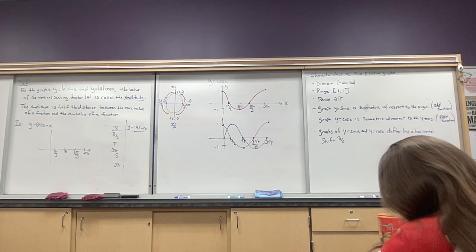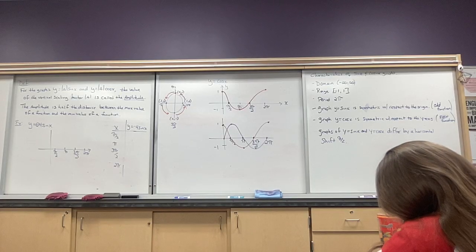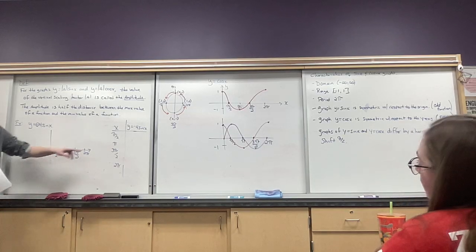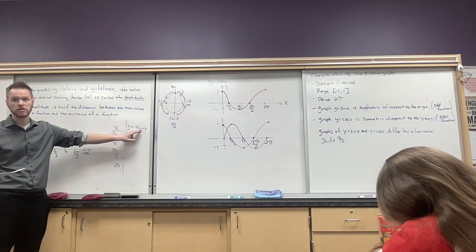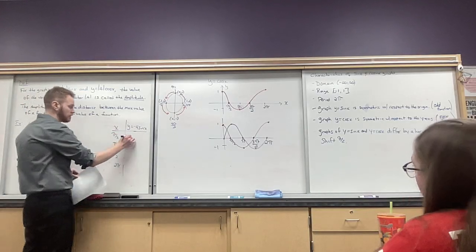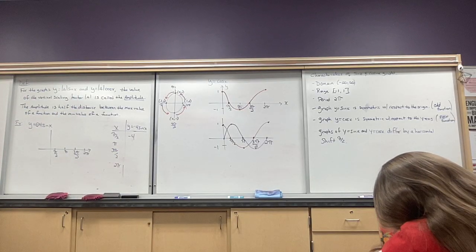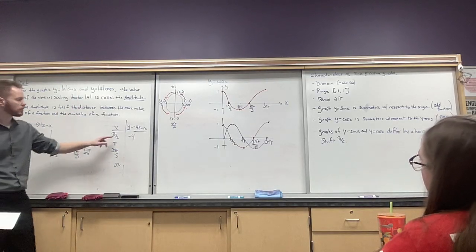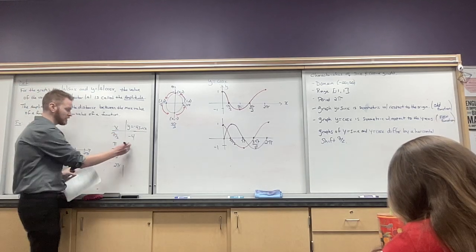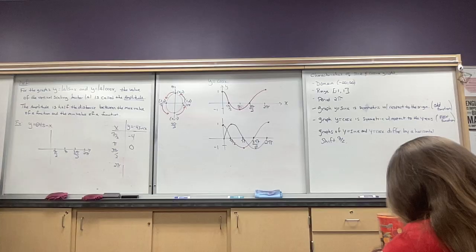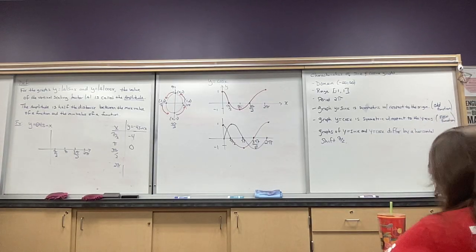Now if I plug them in, we're going to see what my outputs are. If I plug pi over 2 in here, I know sine of pi over 2 is 1, times -4 is -4. If I plug pi in here, sine of pi is 0, and 0 times -4 is 0. So is my lowest value -1 now?